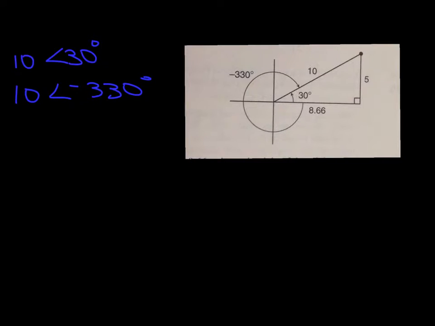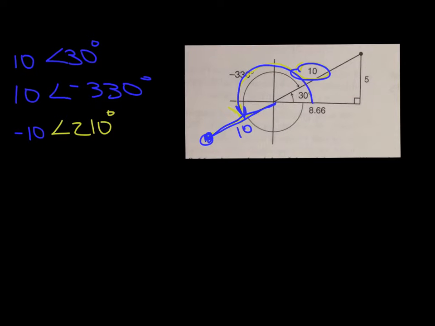If we start here and go this way to 210 degrees, we have a line that is the same magnitude. It's 10 here and it's 10 here, but it's in the opposite direction. We could label this as the opposite of this 10, which is at 210 degrees. So I could label this as negative 10.